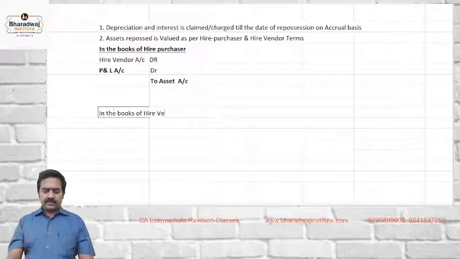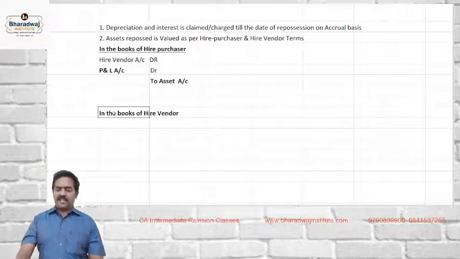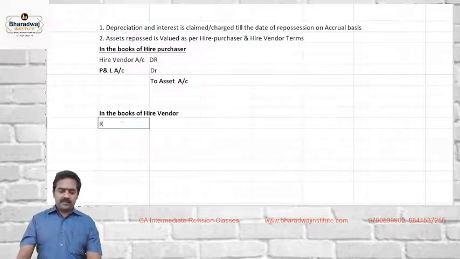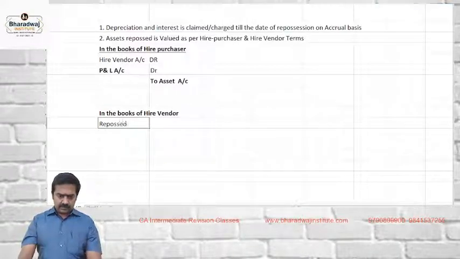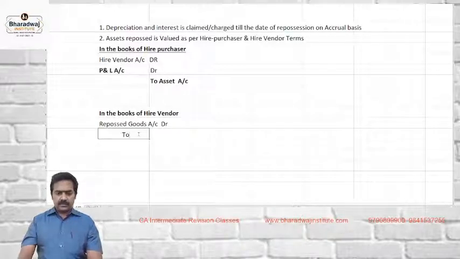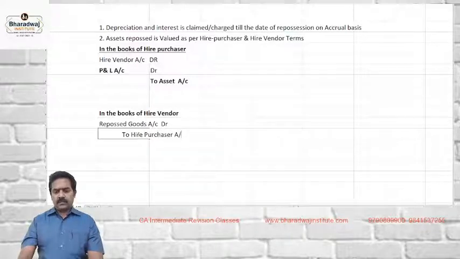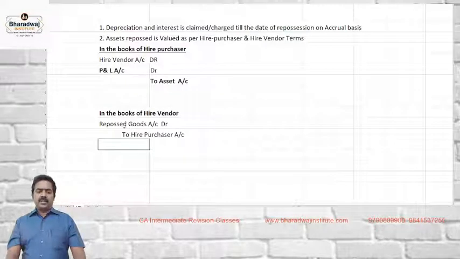In the books of hire vendor. Here it is called seized goods, or what is called repossessed goods. Repossessed goods account debit to hire vendor account. Debit what comes in, credit the giver.